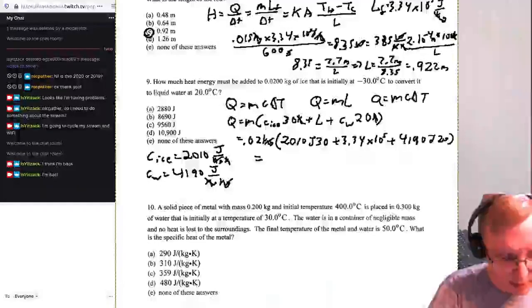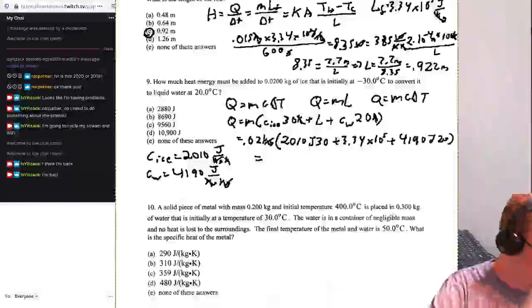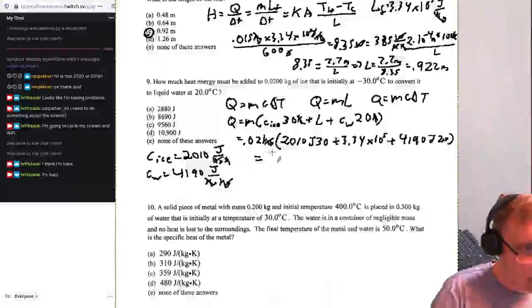Calculator, tell me, what is the answer to that? 0.02 times, begin, 2010 times 30 plus 3.34 E5 plus 4190 times 20. That gives 95.62 joules.